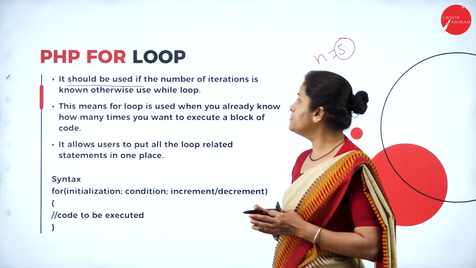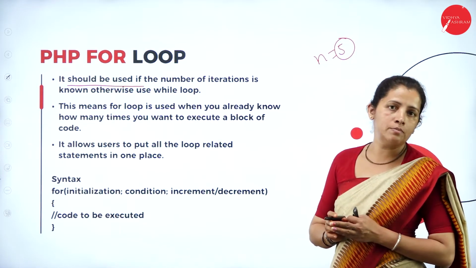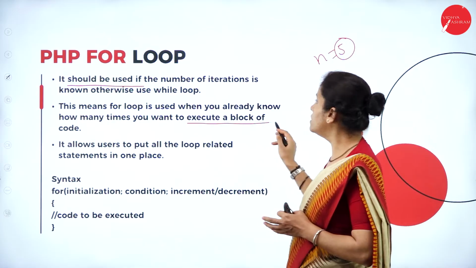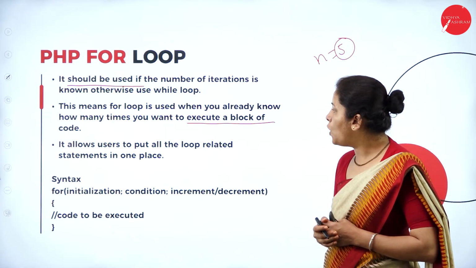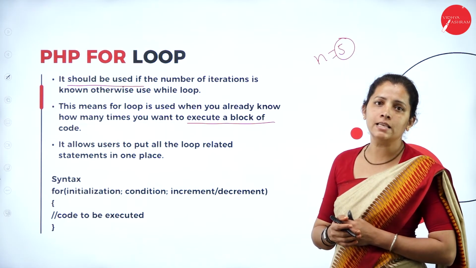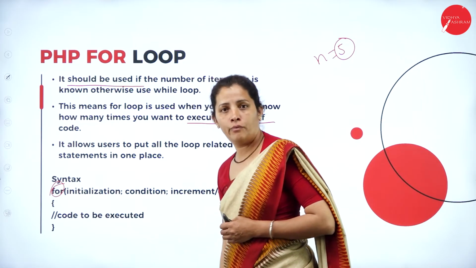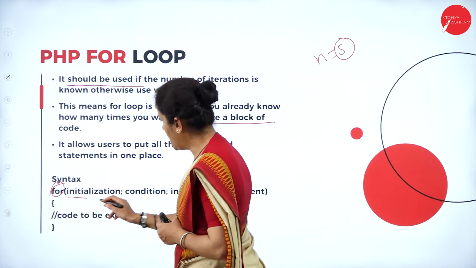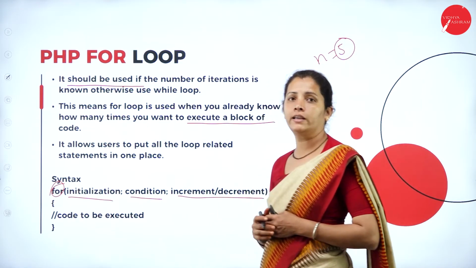This means the for loop is used when you already know how many times you want to execute a block of code. It allows the user to put all the loop related statements in one single place. See here, I'll start with for. I have the initialization, I have the condition, and I have the increment or decrement.